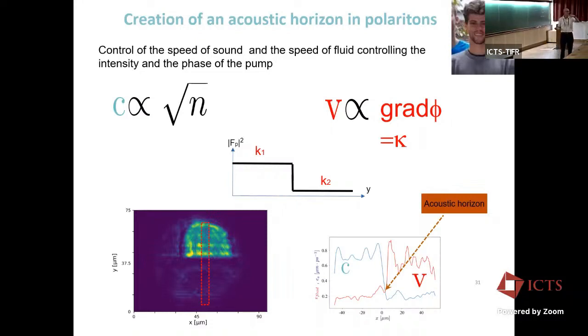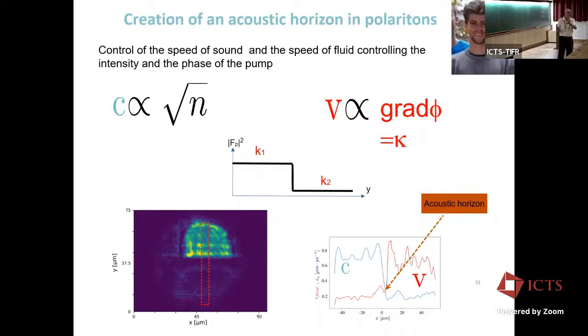So then we can control the density and then control the speed of sound. And on the other hand, the speed of the fluid is given by the gradient of the phase of the polariton fluid that, as I already showed you, it is possible to control with the pump laser.